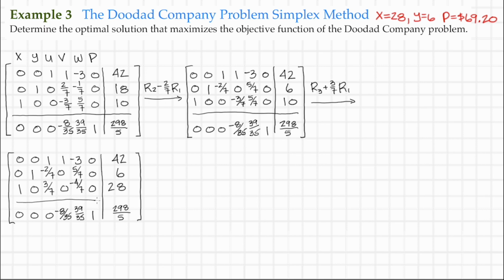Put in our horizontal bar. And we have the final element right here. So we'll take row 4 plus 8/35 of row 1.